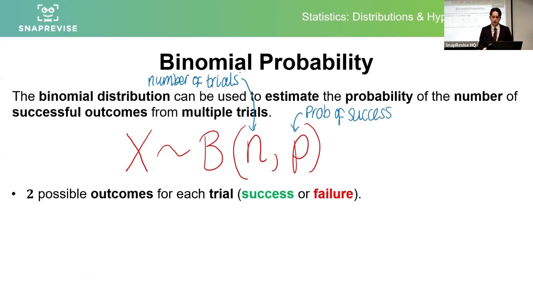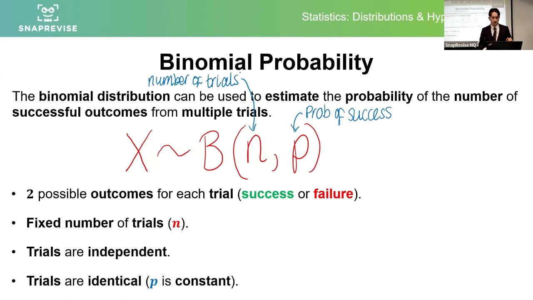Now, another question they love to ask is the conditions under which the binomial distribution is appropriate. These are the 4 conditions that we want to be really confident with. First, the fact that it's called the binomial refers to 2: there are 2 possible outcomes, success or failure. There has to be a fixed number of trials, so n doesn't change.